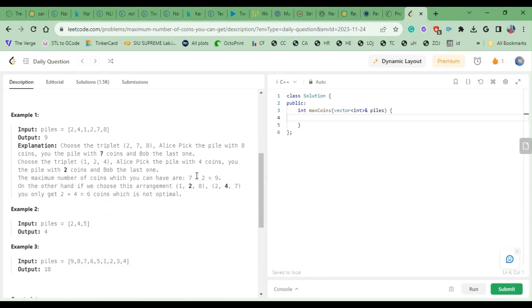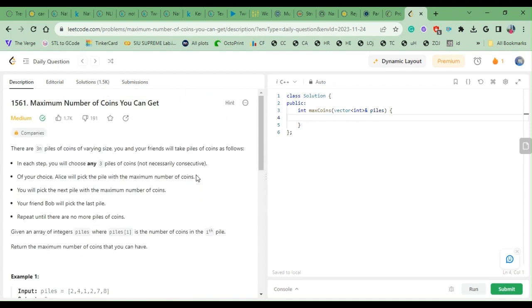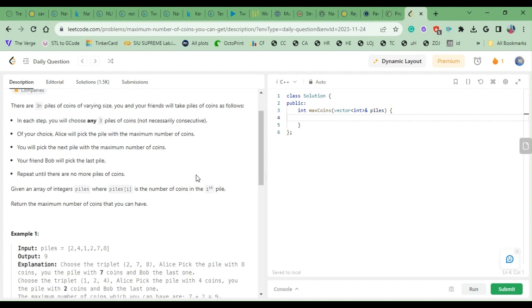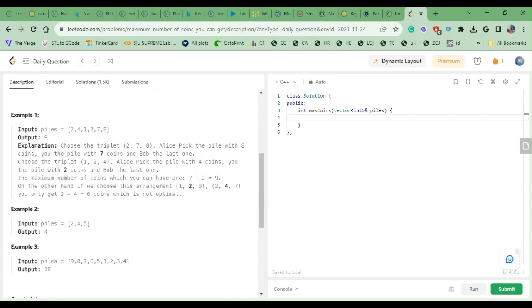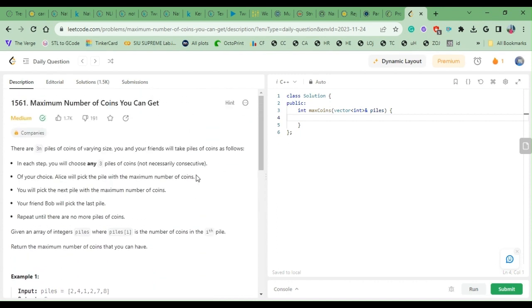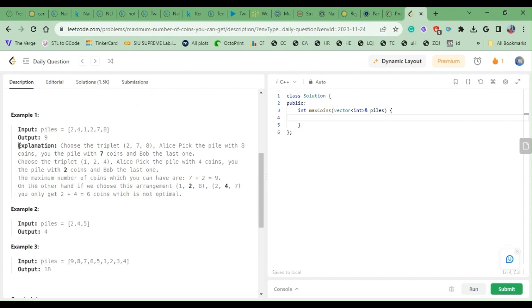Now we can start the analysis and try to understand what they actually ask. One trick to understand the problem, if you don't understand it by reading the description, is to read the explanation of any of the examples.